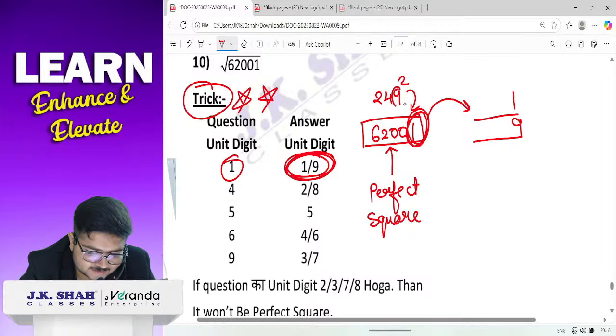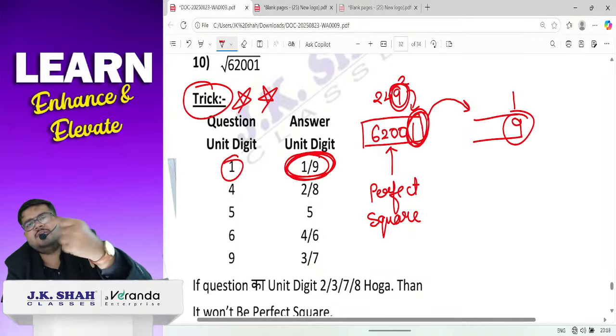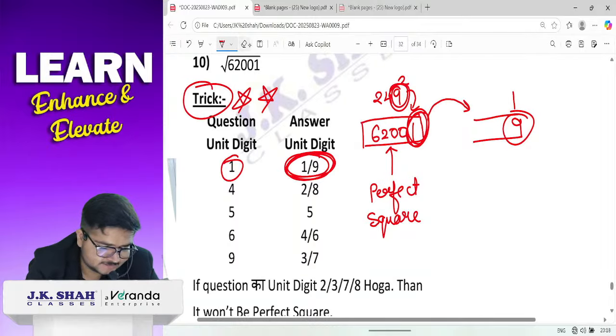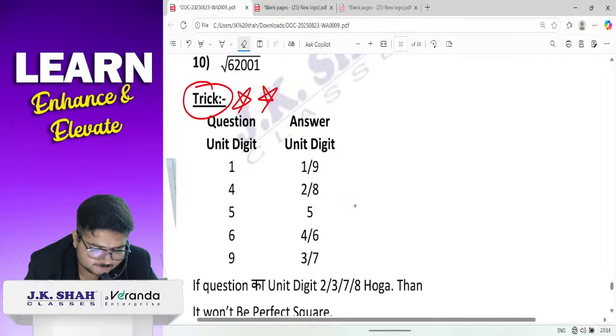See, the square root is 249. It has 9 in the ending. It can either have 1 as an ending or 9 as an ending. This is the trick. Similarly, these tricks are very important.